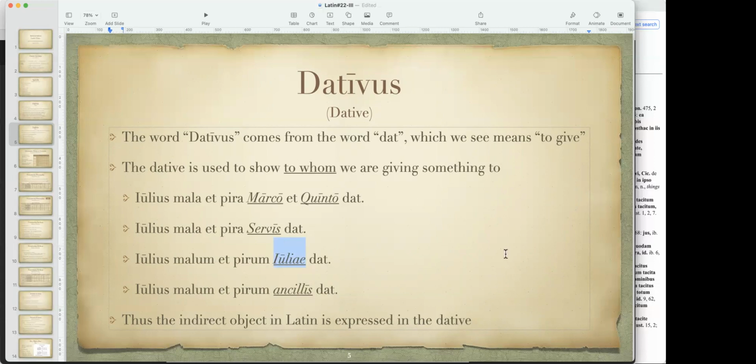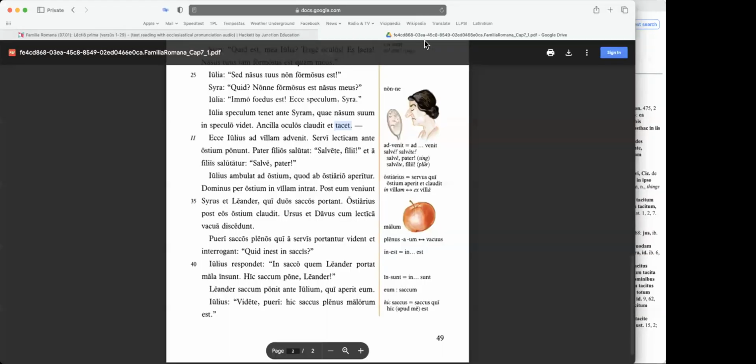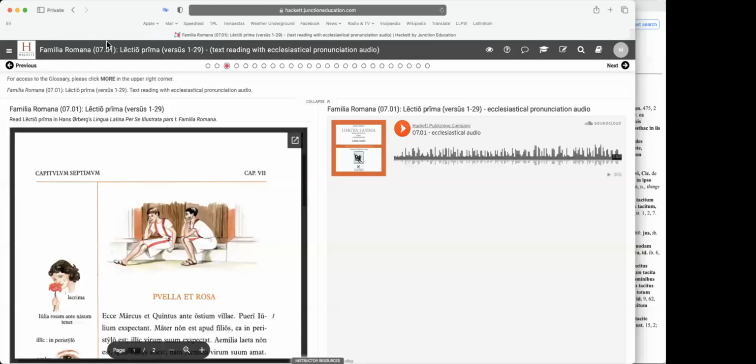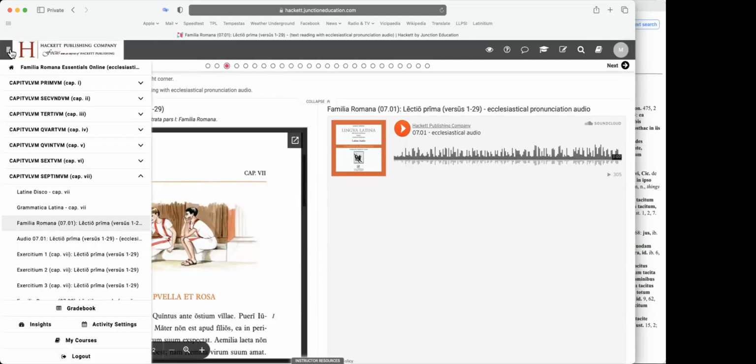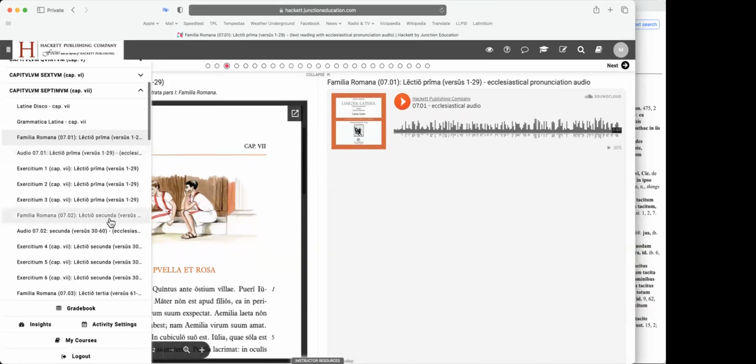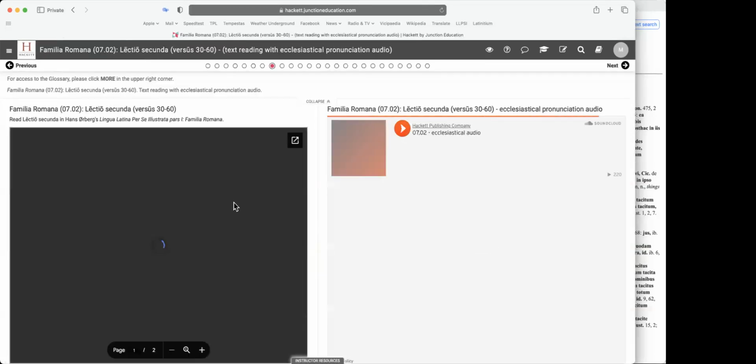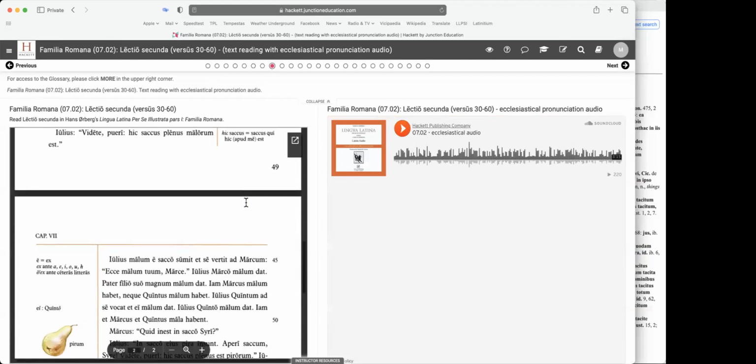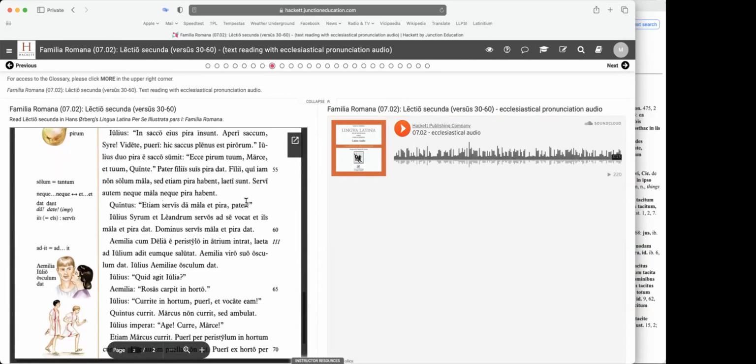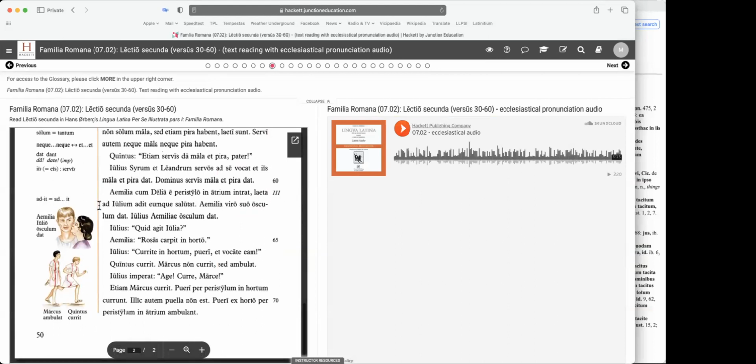Michael? Yeah. In a similar vein, I don't want to get too far ahead, but on line 63 of this story, if you could just look at it quickly. There's a line in the second section where it says Julius Aemiliae osculum dat.